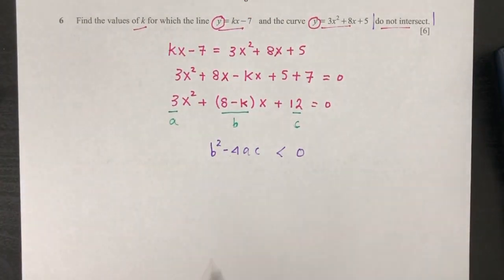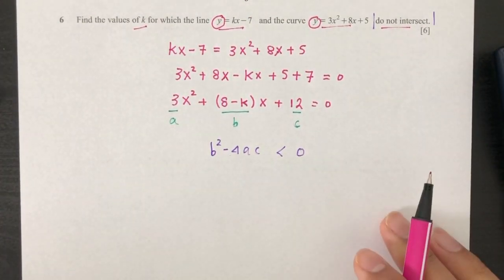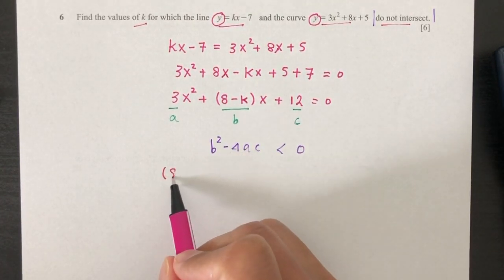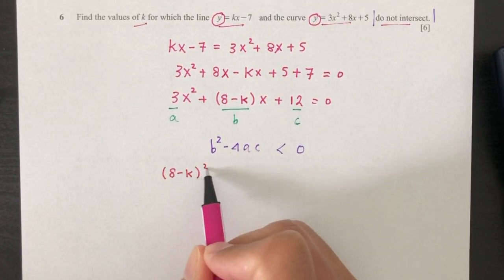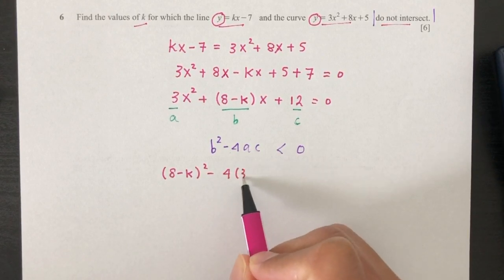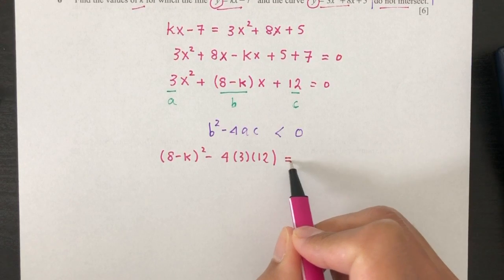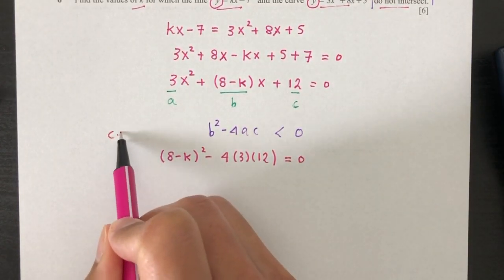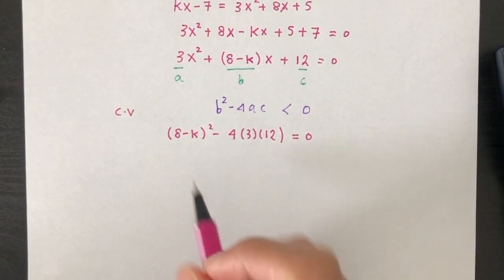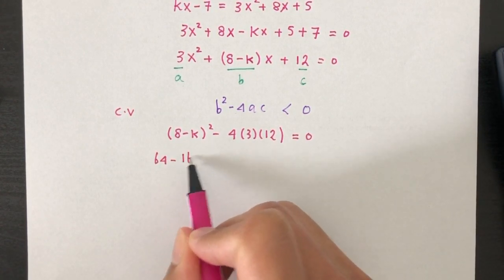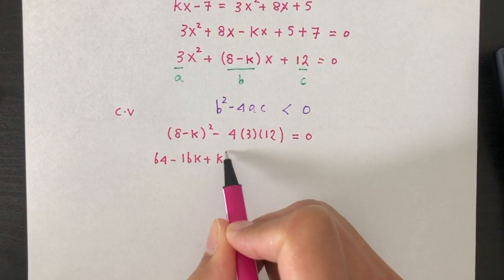So first let's find the critical values of b squared minus 4ac. So what is b squared minus 4ac? We have b here. B squared will be 8 minus k squared minus 4 times a times c. So let's find the critical values of k first. Now you expand this one, you will have 64 minus 16k plus k squared.